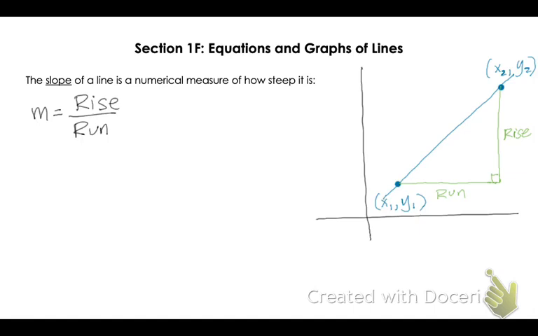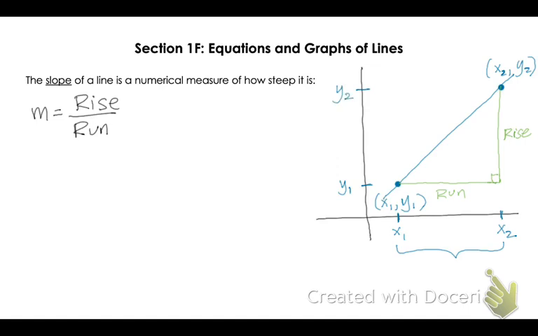Again, let's think about those coordinates. If this is the point (x1, y1) over here on the left, then this is the x1 coordinate on the x-axis, and this is the coordinate x2 on the x-axis. The run labeled on that triangle is just the distance between those two x coordinates. Likewise, in terms of rise, this is y1, and up here is y2.